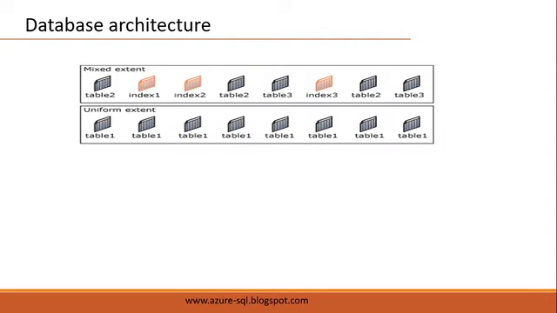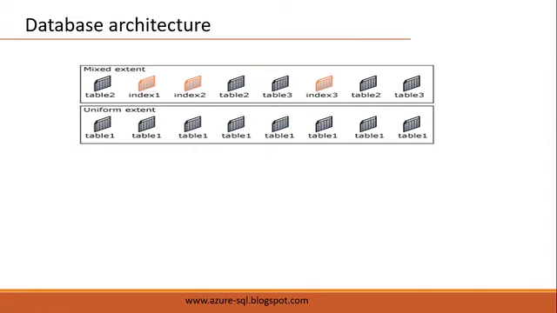Clear, right? Initially, remember, whenever a new database table is created and the data entry is started, first, data is stored in which extent? Mixed extent actually. Maybe the table has 2 pages or 3 pages.